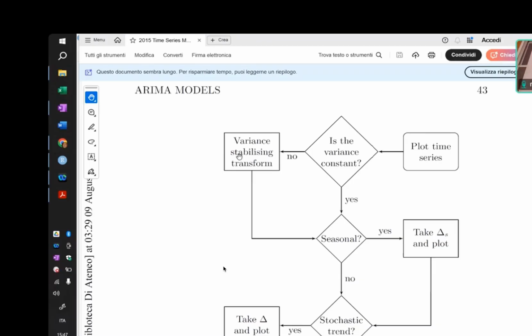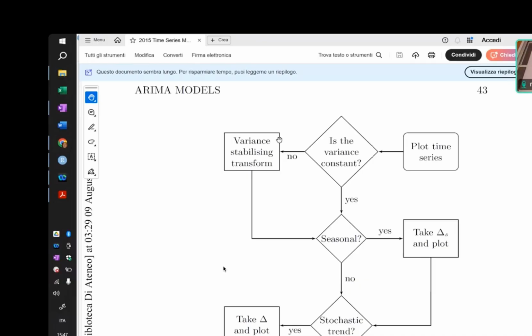If it's not, we discussed a range of so-called variance stabilizing transformations, or the Box-Cox transformation, of which the log is particularly interesting because of the interpretation we can give to log transformed data. If the variance is not constant and there is a relationship with the mean, then usually you can apply one of the Box-Cox transformations to make it decently variance stationary.